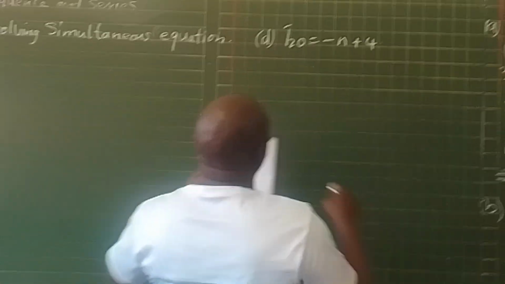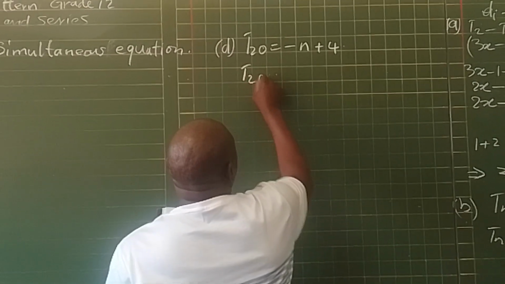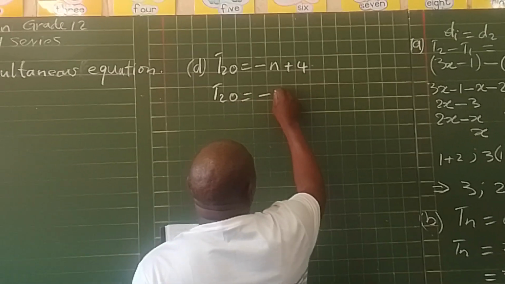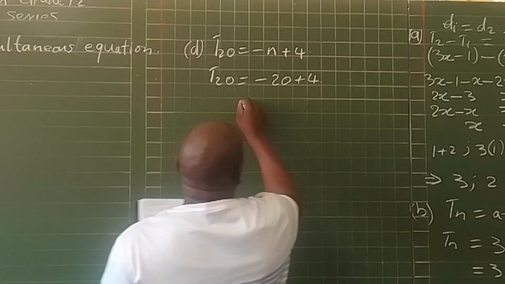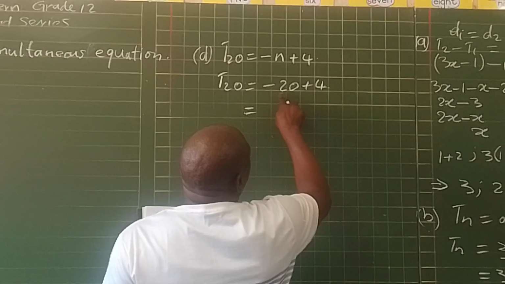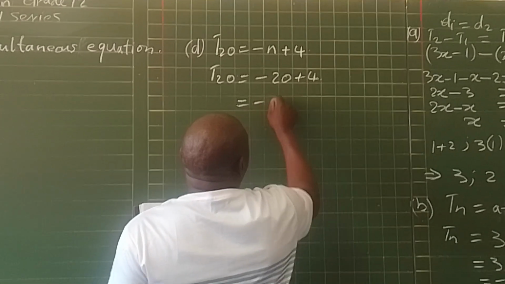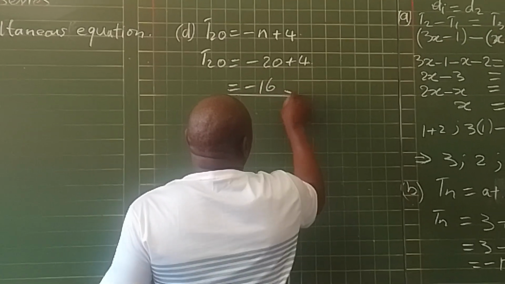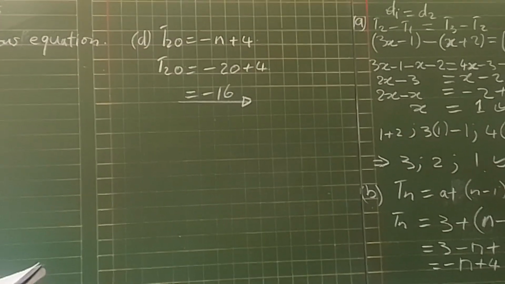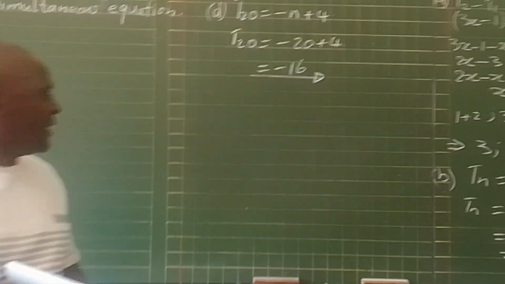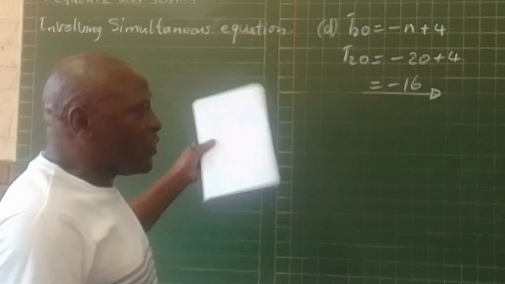At term number 20, T20 is equal to minus, where you see n, you put 20, plus 4. T20 is going to be minus 20 plus 4, which is minus 16. I skipped it because I know that my good learners will do it.